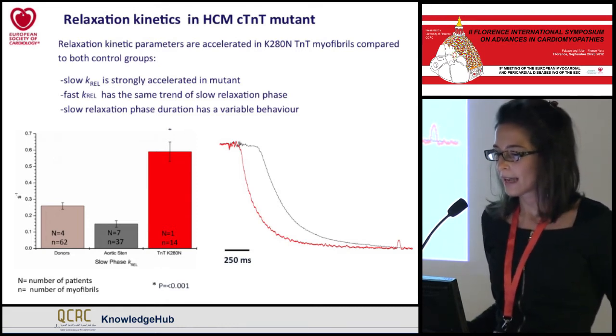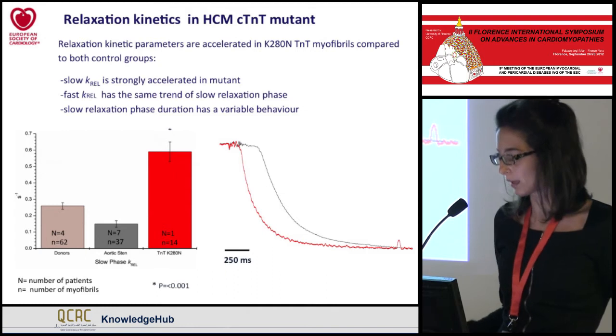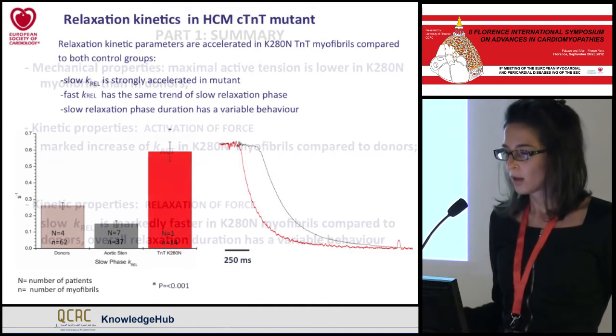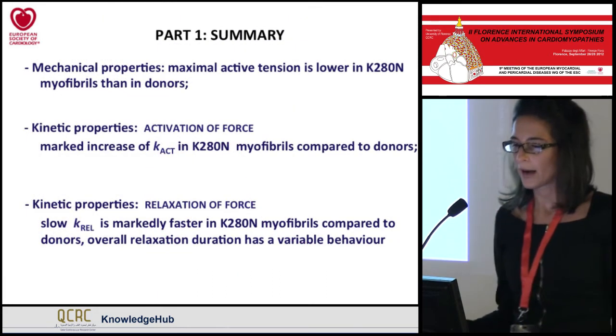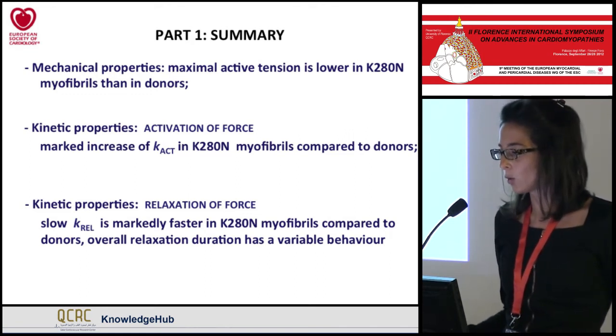As to the fast KRL, we have seen that this parameter has the same trend as the slow relaxation phase. So summarizing this first part, we have seen that maximal active tension is lower in the mutant myofibrils than in donors.